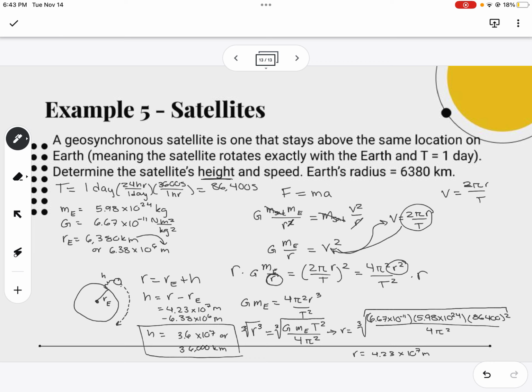Or you could use this expression over here to solve for v. v is going to equal the square root of G times the mass of the Earth divided by r. This is something that you'll see a lot, especially when you're dealing with satellite problems. This is a good satellite equation to keep in mind. So you can use either one of these to solve for v. If you plug into either of those, your v is going to be 3,070 meters per second.